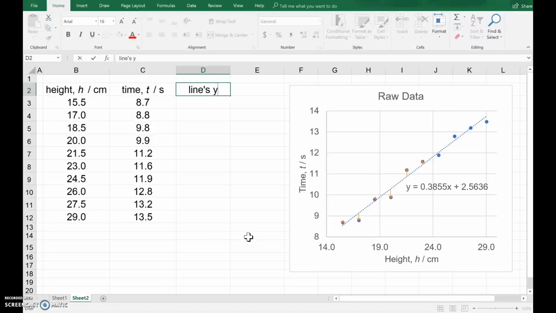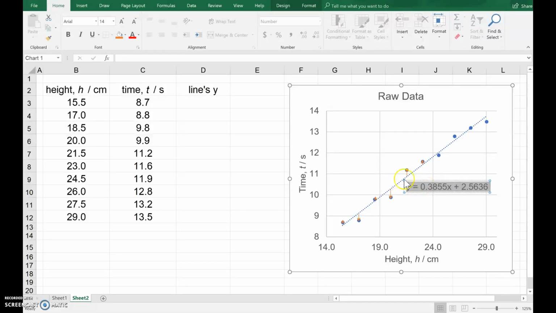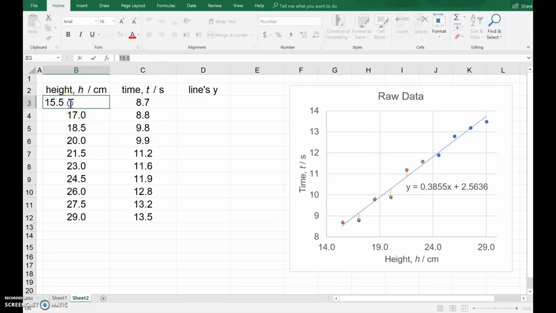First, we're going to find the line's y value. Like you see that first arrow that I drew? It originates at the line, at the trend line. So how do I find the starting point for that arrow? Well, if I take this equation, I can use it to calculate the line's y value. Here for x, I'm going to plug in the height, 15.5.